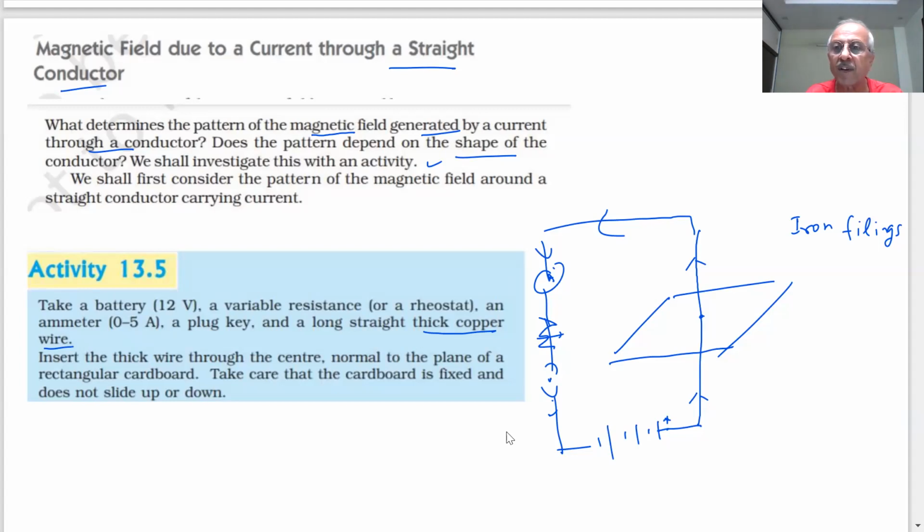The iron filings will arrange in a pattern around this. A pattern is being formed around the conductor. The iron filings are arranging themselves in concentric circles. Concentric circles are being produced.